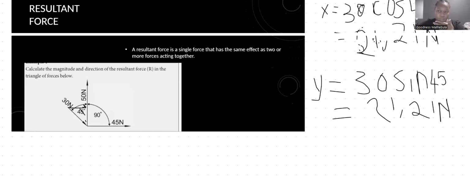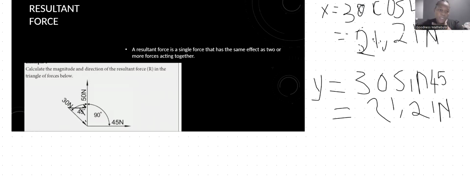In horizontal, we add this X component, 21.21, and this force of 45 Newton. And then in vertical, we will have to calculate the Y components.